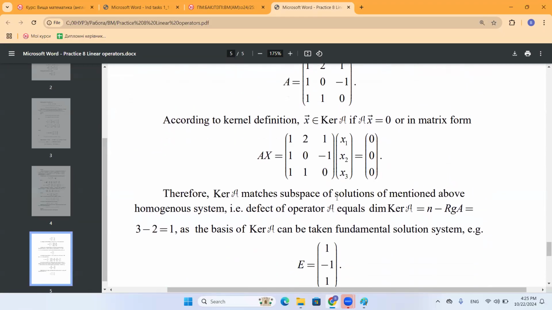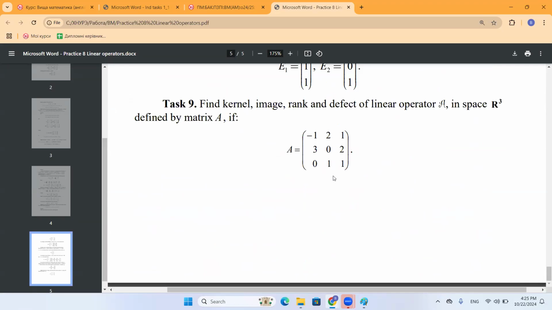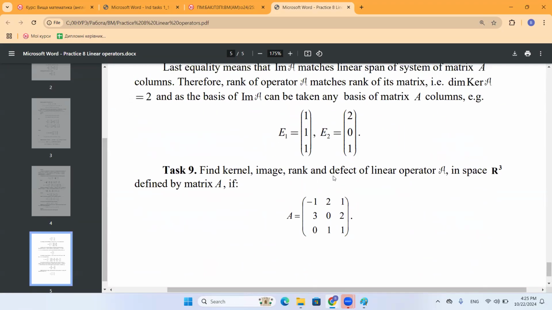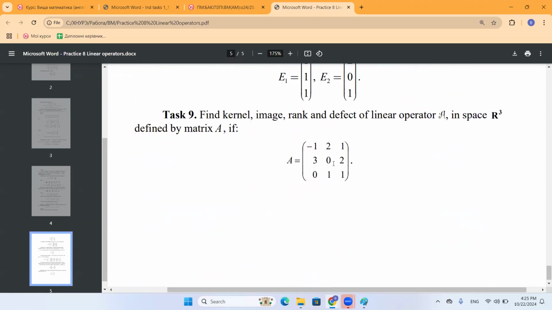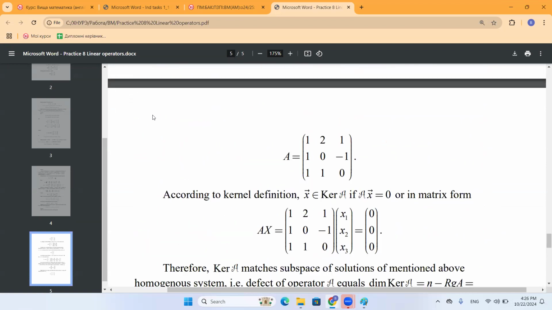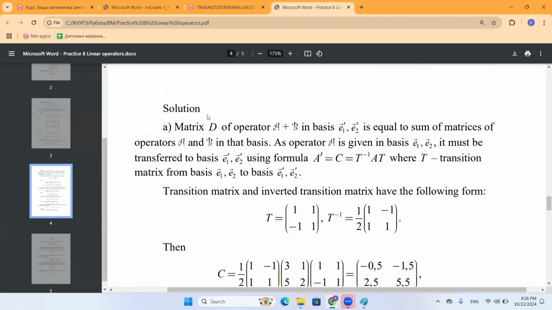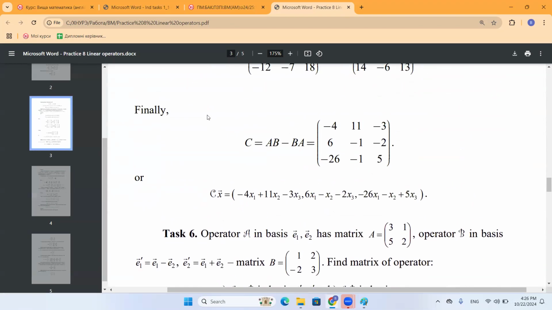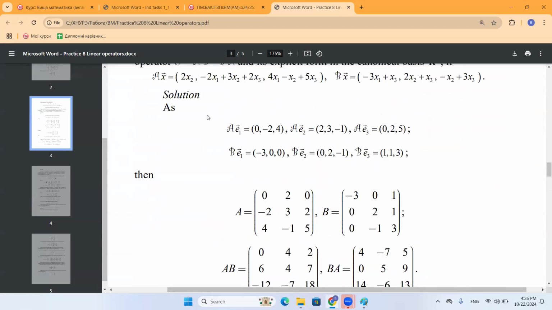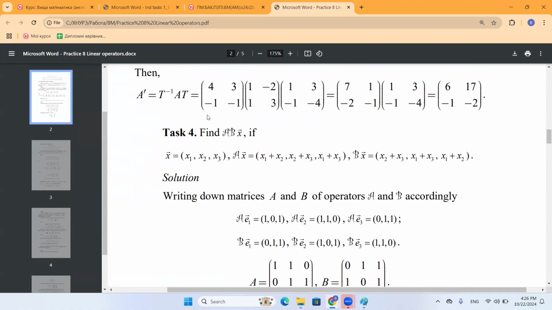First of all, I will correct it. Okay. Task 9 is identical, and other tasks as well, so nothing new to solve in detail. Maybe no questions, right? As I see.